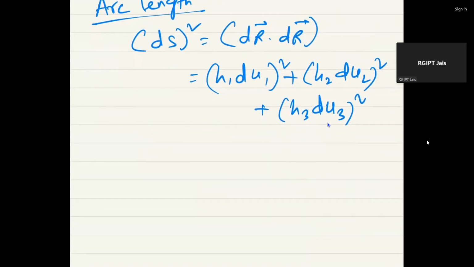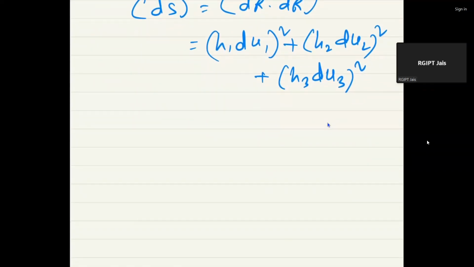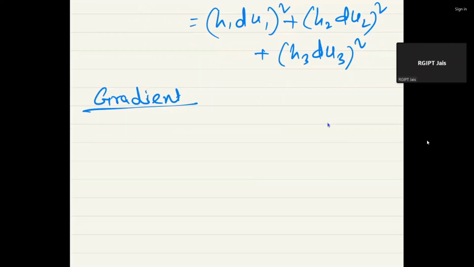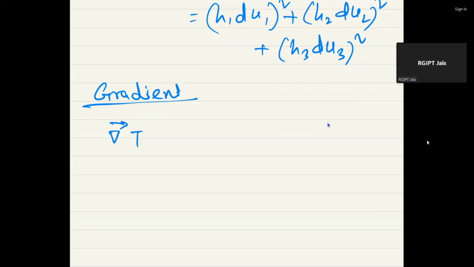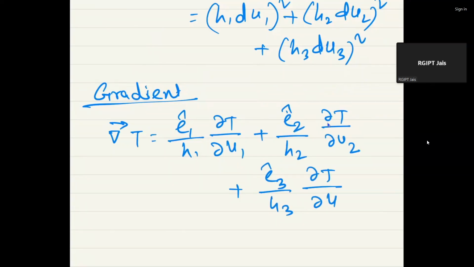Also, now we want to find the expression for the gradient. I'll give you the final expression. The formula for the gradient of T in this system is e1 cap by h1 del T del u1 plus e2 cap by h2 del T del u2 plus e3 cap by h3 del T del u3.